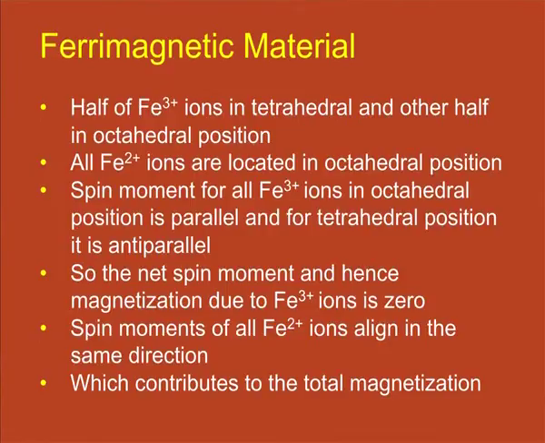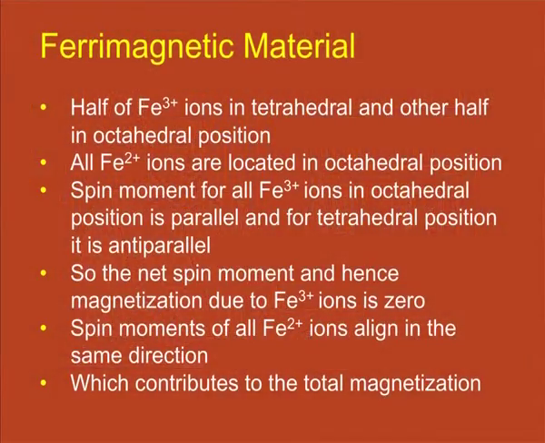That is why the net magnetic moment of all the Fe+3 ions is 0, because the Fe+3 ions present in the octahedral position are aligned in the up spin direction, and the Fe+3 ions which are present in the tetrahedral position are in the down spin direction.